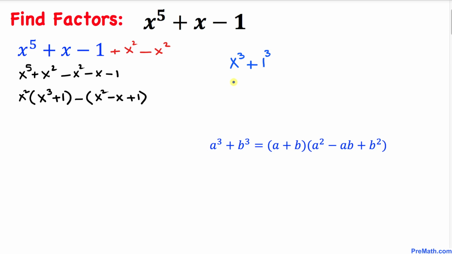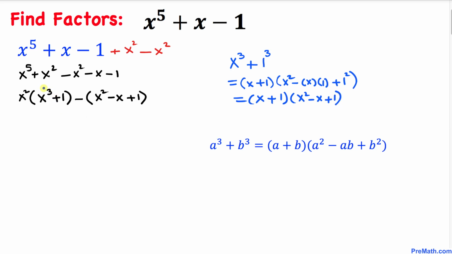So we can write this as a product of x plus 1 times x squared minus x times 1 plus 1 square, or simply x plus 1 times x squared minus x plus 1, and 1 square is simply 1.